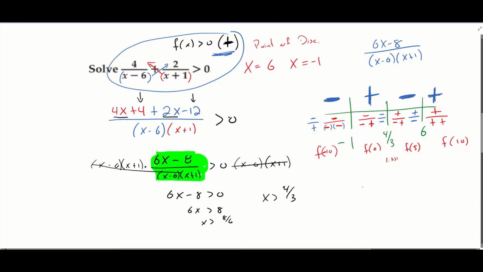It is going to happen between -1 and 4/3, as well as from 6 to infinity, right? So another way we could have written this is x is between -1 and 4/3, or x is greater than 6.